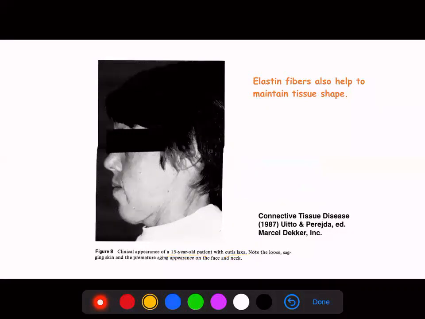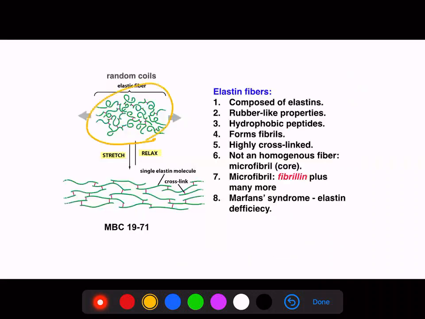So elastin fibers are like this. They are very hydrophobic and kind of spring-like. So when they are relaxed, they are coiled, and when they are stretched, they will be stretched like this, and then it will be relaxed back. So they are composed of elastin, but it's not really homogeneous.